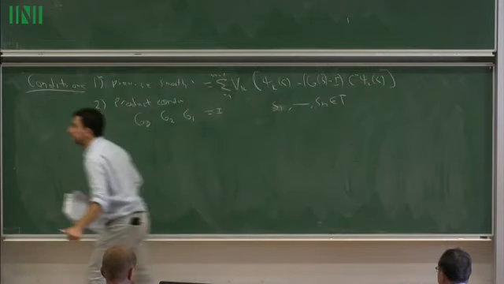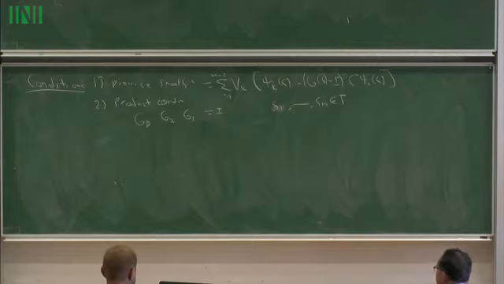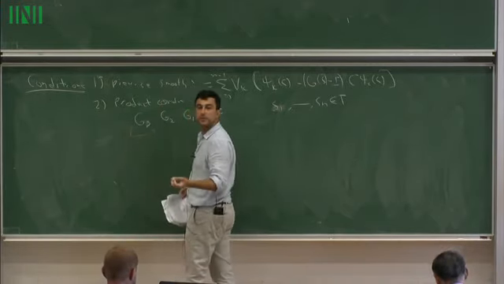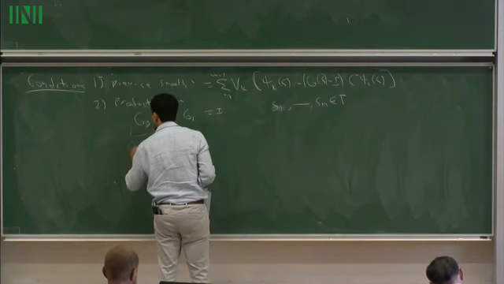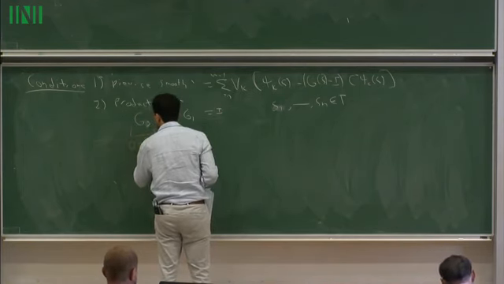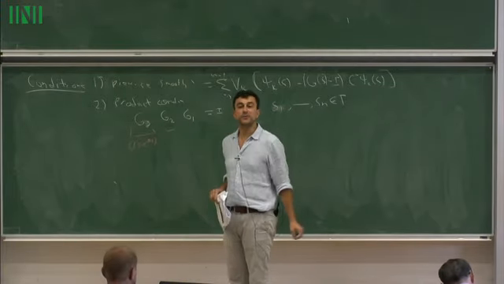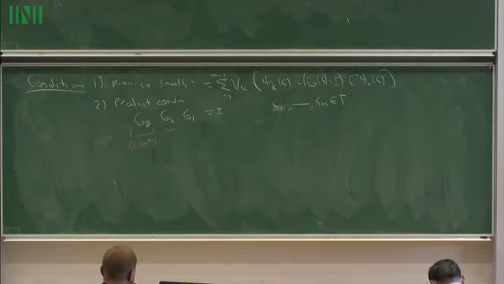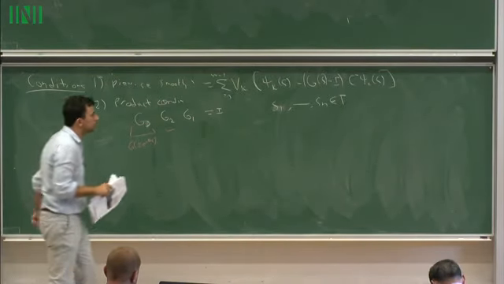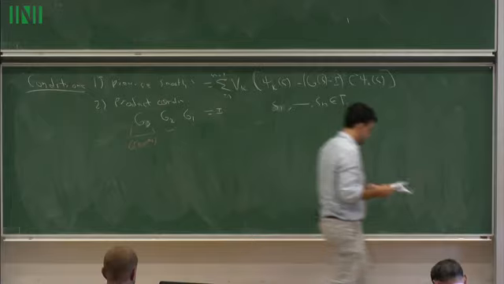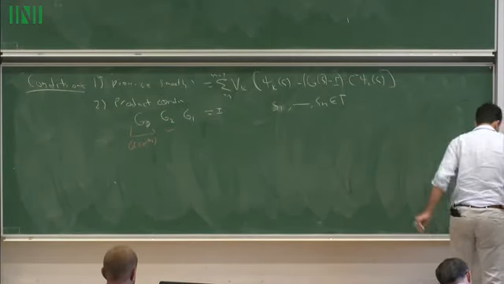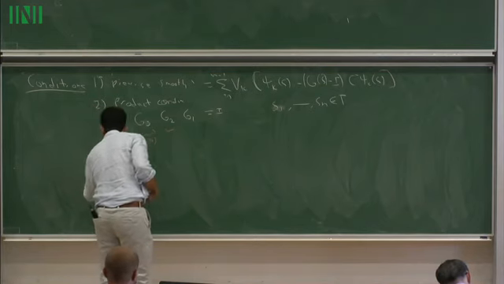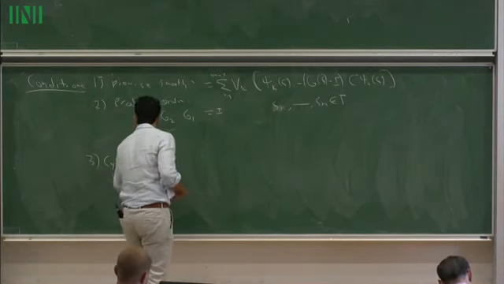Here I mean G3 is just the value as we take the limit along the corresponding contour, G of epsilon e to the i theta 3 and so on. Okay, so we need the product of all the jumps to be identity. And there's the third one, which we call the cyclic junction condition.